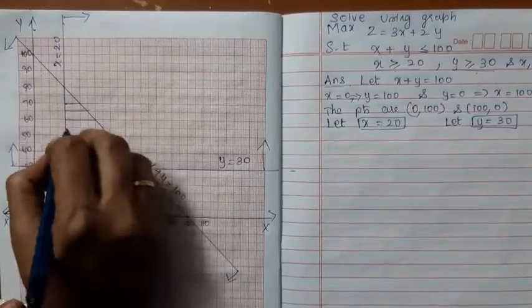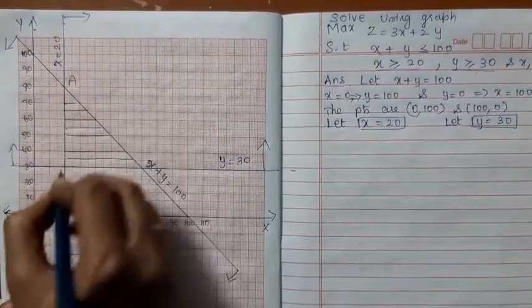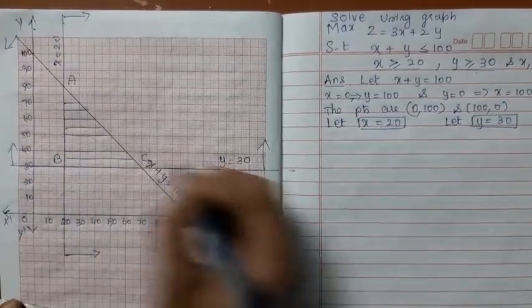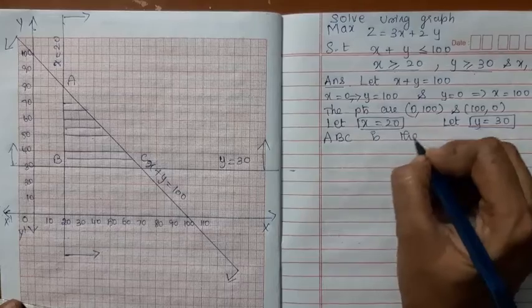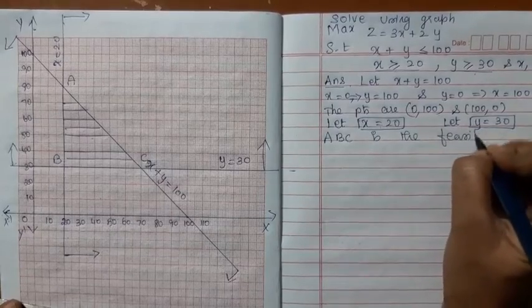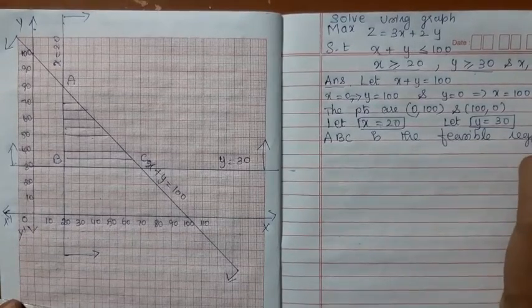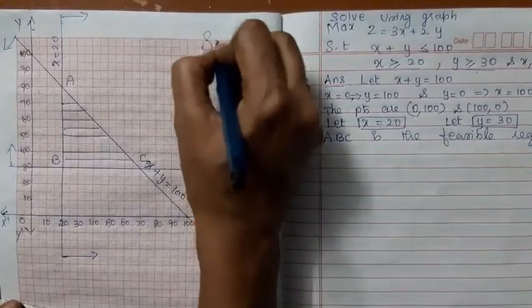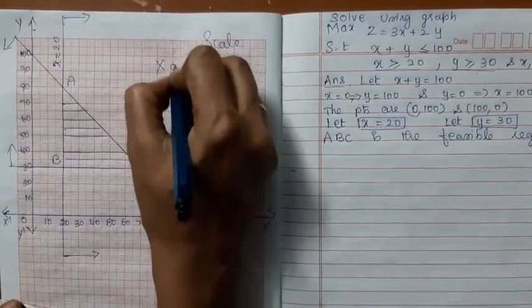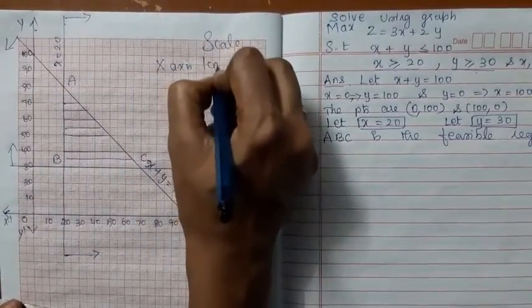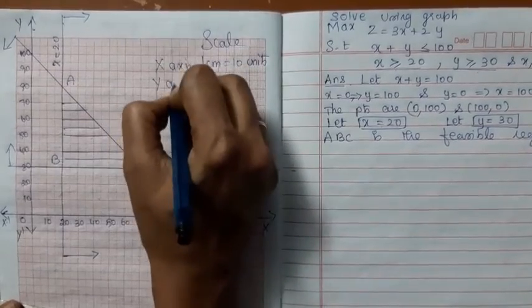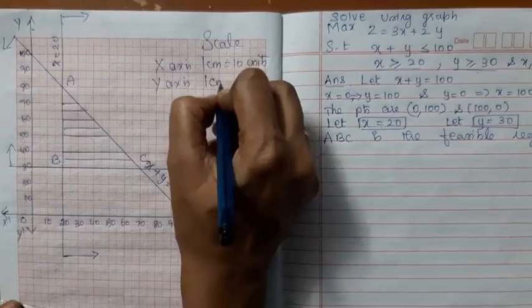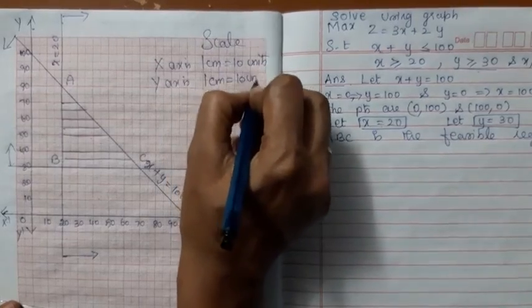The corners are A, B and C. Now A, B, C is the feasible region. Talk about the scale you have selected: for the x-axis you have taken 1 centimeter equal to 10 units, and for the y-axis you have taken 1 centimeter equal to 10 units again.